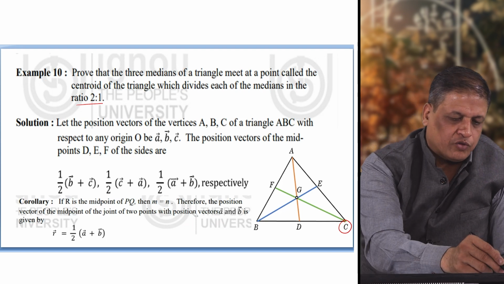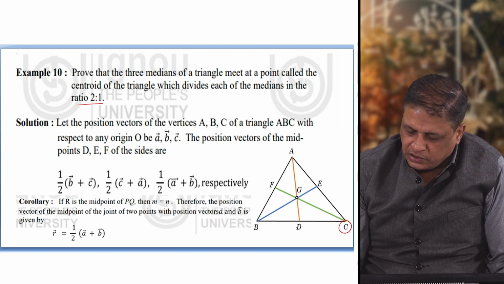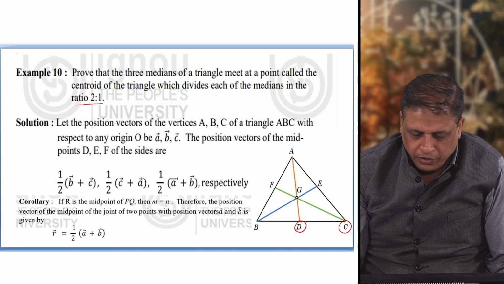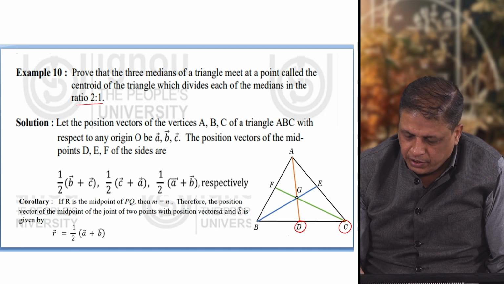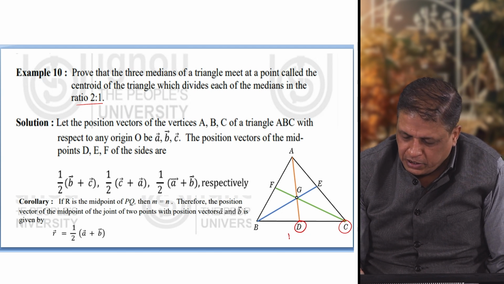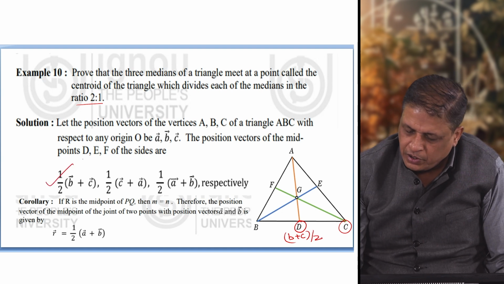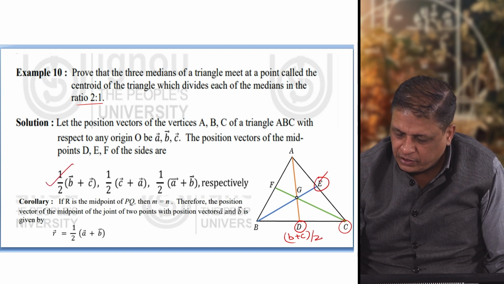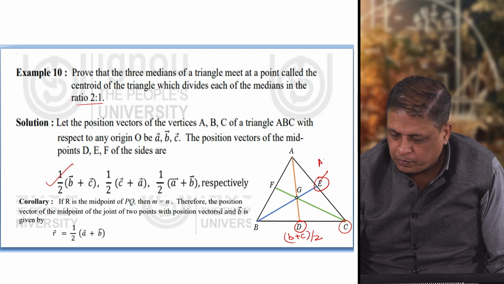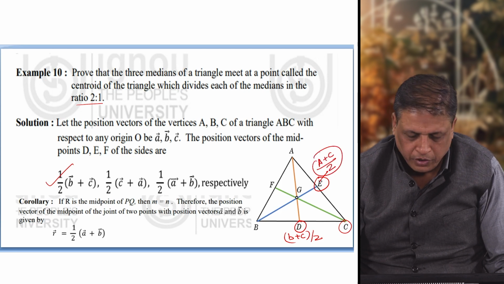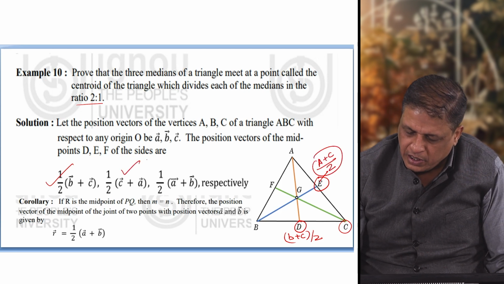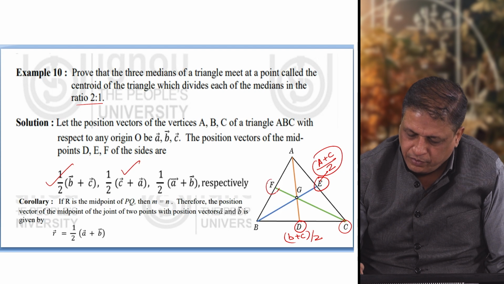So, that is why the corollary will hold, as a result of which the point D will have the coordinates (B plus C) by 2. Coordinates of this will be (A plus C) by 2, which is this, and this will have 1 by 2 (A plus B).